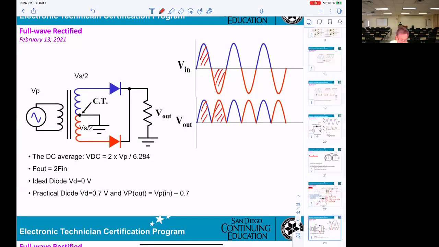So that's why they call it a full wave rectifier. Then, in this case, they're using the transformer. However, they get a ground right here. So that's what they call a center tap transformer, CT.